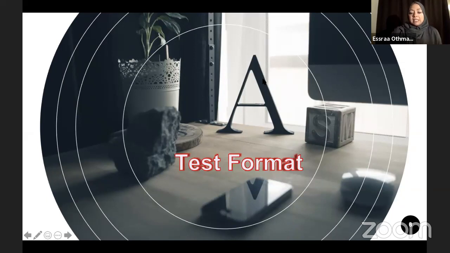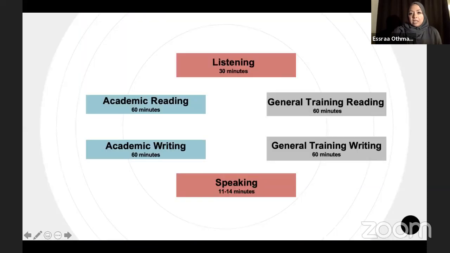So let's take a look at the test format. If you take a look at the test format, you can see here that you have 40 minutes of listening, which will be 30 minutes of listening exam and 10 minutes to transfer your answers. Academic reading and academic writing, each of them is 60 minutes.